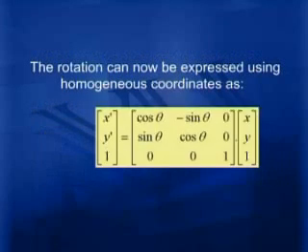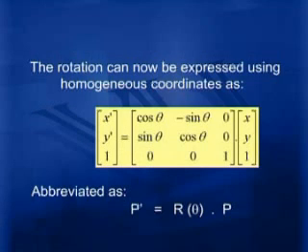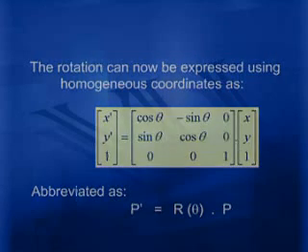And then we do know that if we want to make use of homogeneous coordinates, then rotation can be expressed using homogeneous coordinates as this, where we have a homogeneity factor of 1 introduced, making our couples expressed as triples. x dash y dash 1 becomes the p dash, x y 1 becomes p, and the rotation matrix is written as cos of theta, minus sin of theta, 0, sin of theta, cos of theta, 0, and 0, 0, 1, and it can be expressed in abbreviated form as p dash is equal to r of theta dot p.